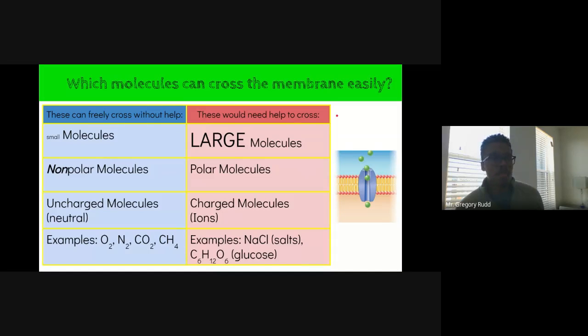So some examples include NaCl and glucose, C6H12O6. Water is another example of one of these molecules that needs some help. So this is a great chart to have written down. You can refer back to it for the rest of our lesson today.